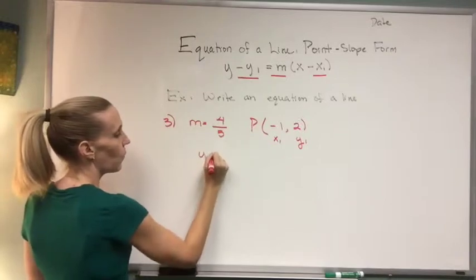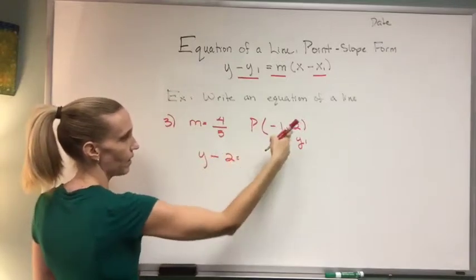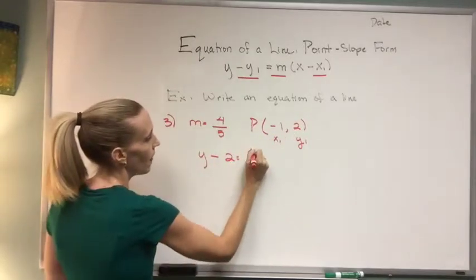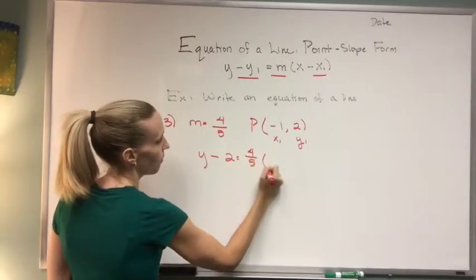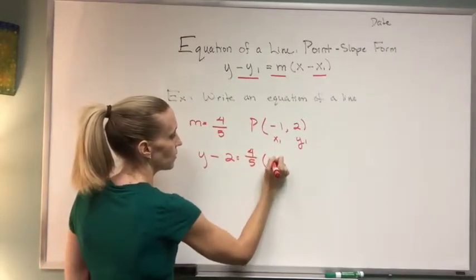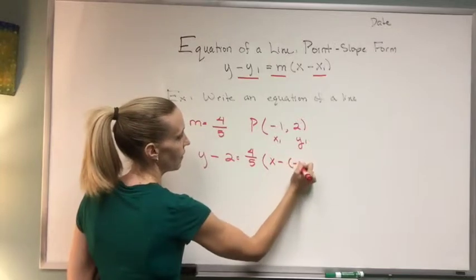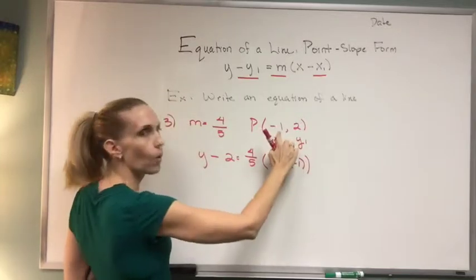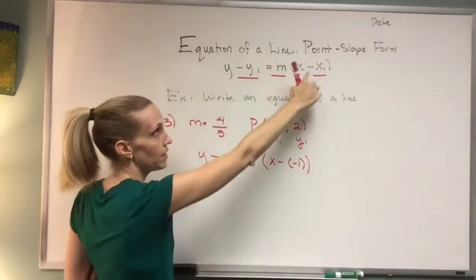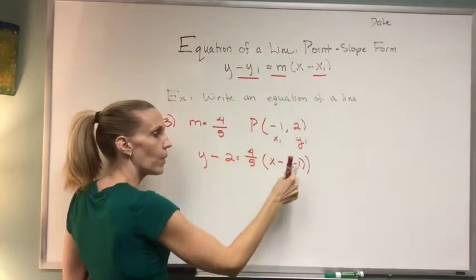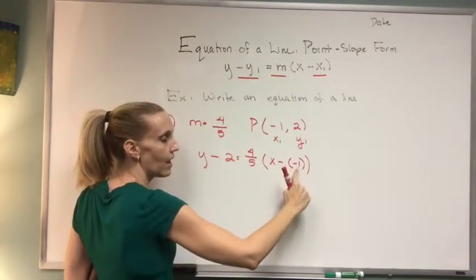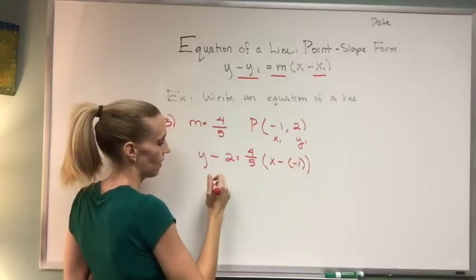So I still get y minus 2 because I'm just plugging in that 2. And here's my slope, but when I go to do x minus, it's really x minus -1. Because my x coordinate is negative, my formula tells me to subtract it. And we have to remember that when you minus a negative, they become positive.